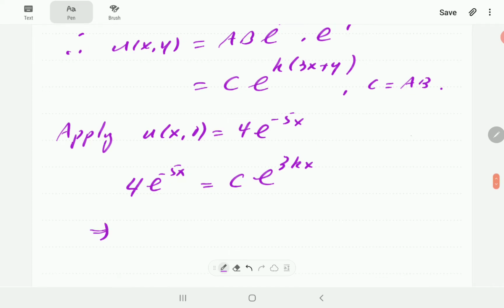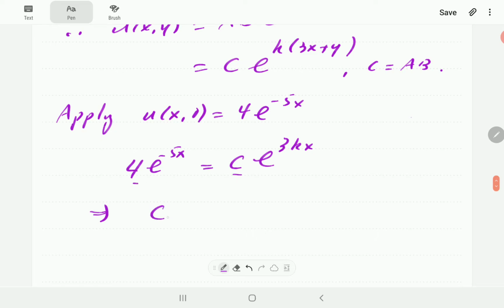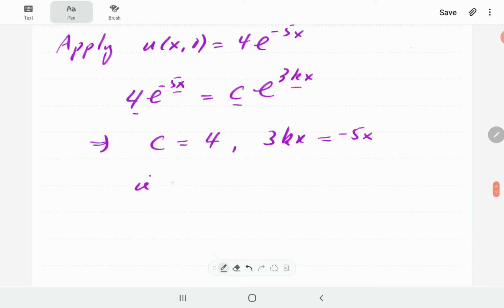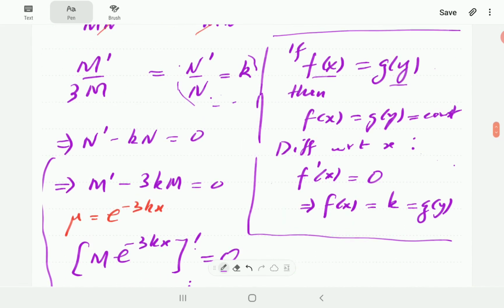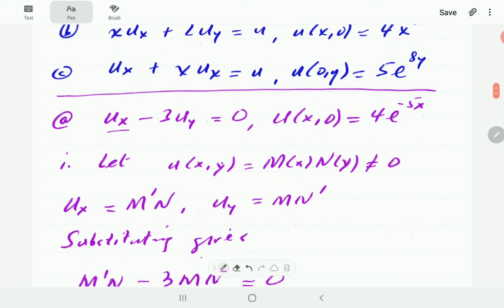Then comparing these two sides, the coefficient c must be equal to 4, and this must be equal to that. So 3kx must be equal to minus 5x, which means k is going to be equal to minus 5 over 3. And so we can now write our particular solution is going to be 4e to the minus 5/3 times 3x plus y. So that is going to be the solution of this PDE here satisfying that condition.